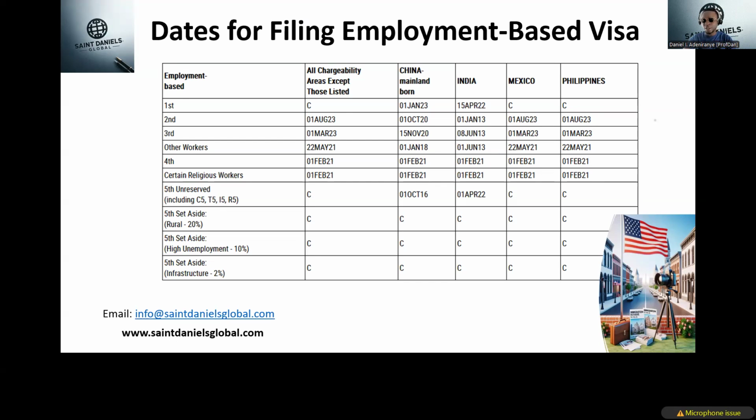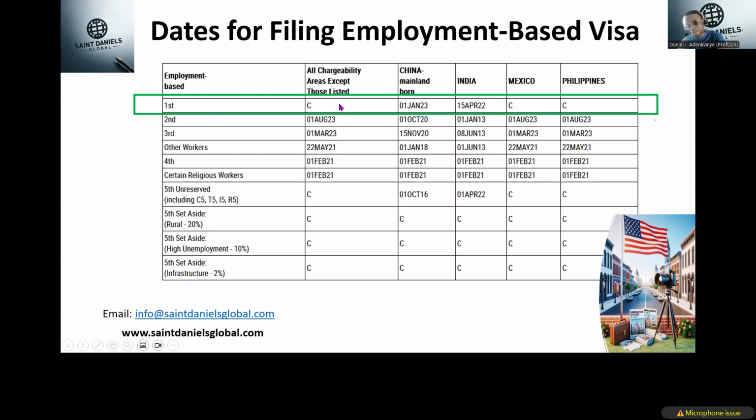The key takeaway from this chart is that for the first preference employment-based EB1 category, the area designated as C, which means current, applicants in all of these regions except China, India, Mexico, and Philippines can proceed to file their visa application, regardless of the priority date written in their notice of action. You don't need that priority date. That's what it means for this category that is current.